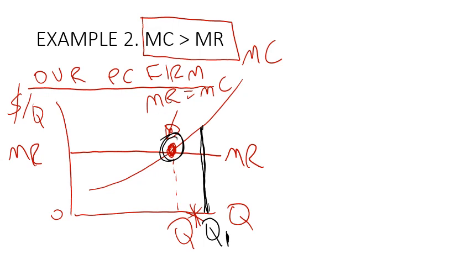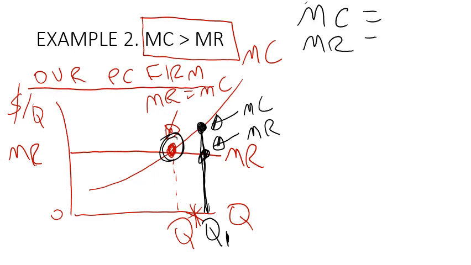All right. So what do we notice? We notice that marginal cost is right here, and marginal revenue is right there. So marginal cost is higher than marginal revenue. And like we did with the previous example, let's give some hypothetical values to both MR and MC. Let's say marginal cost is 10 and marginal revenue is 9.